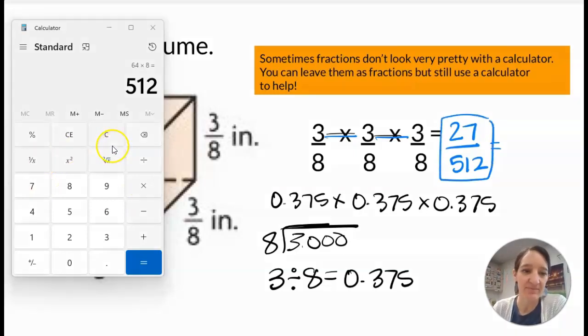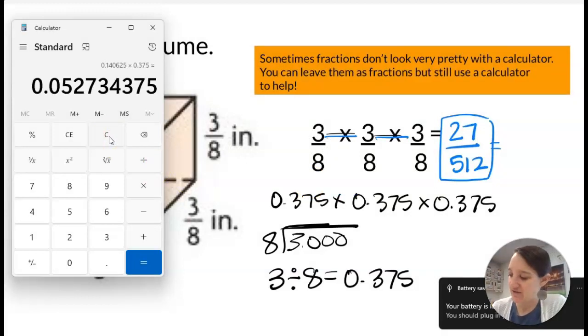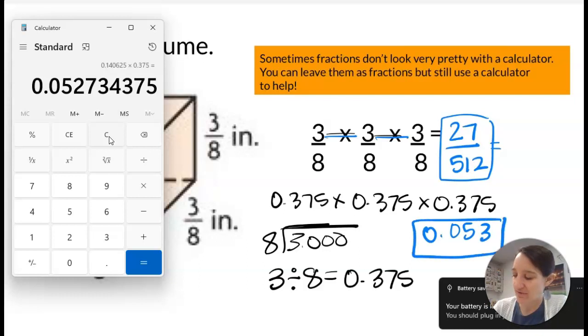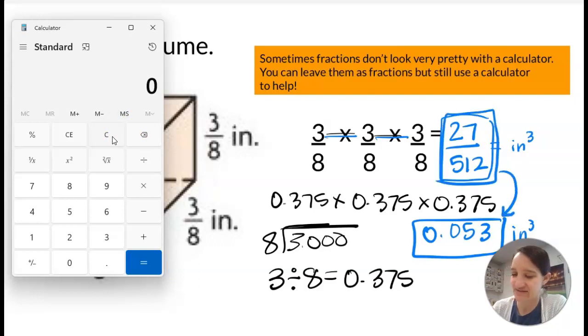But if you do it the other way, you have 0.375 times 0.375 times 0.375, and you'd get 0.05, let's round it to 3, and then inches cubed. Now, my guess is that this right here is this.